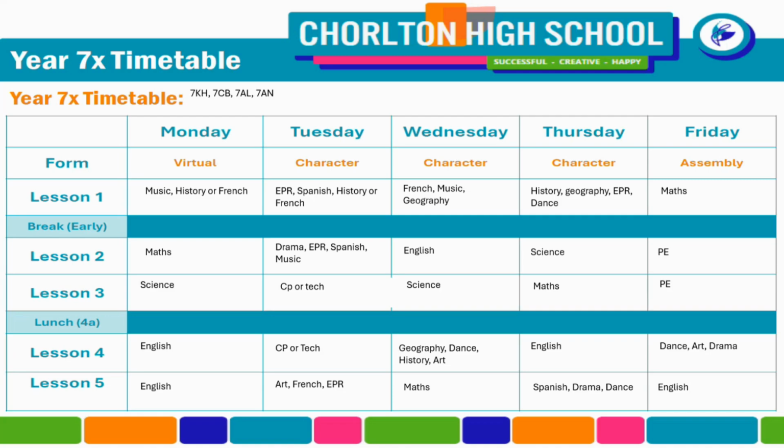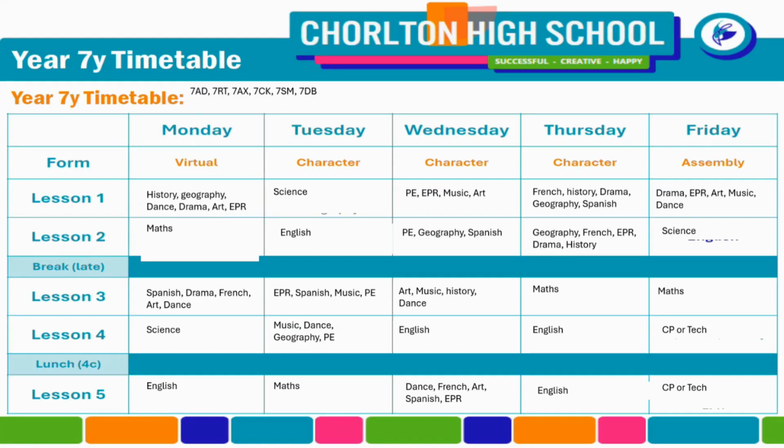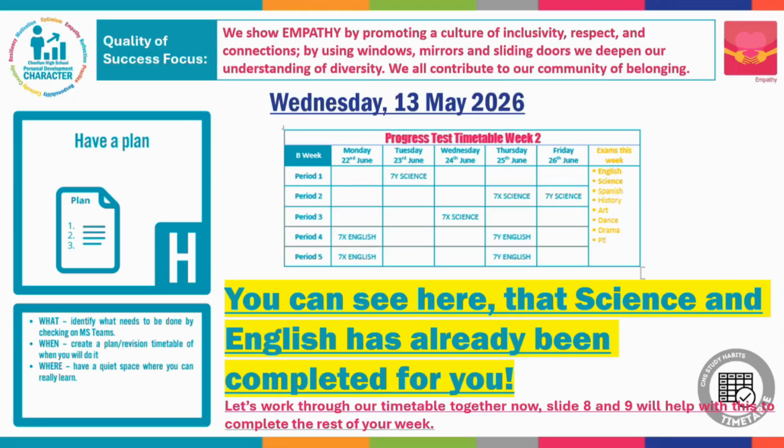Okay, so lots of different choices there, depending on which form you are in. That is the same. That is different. So you've got Wednesday period 1 if you're in 7Y. You've got Wednesday period 3 and Wednesday period 5, as well as Friday period 1 and Monday period 1 and Monday period 3. So lots of choices based on the different forms. So you put the one that you have on your timetable.